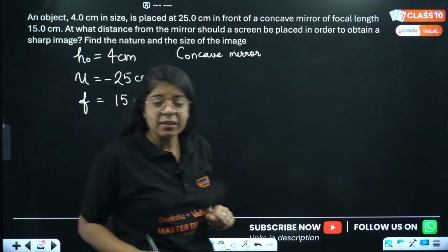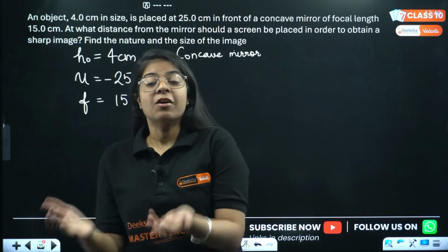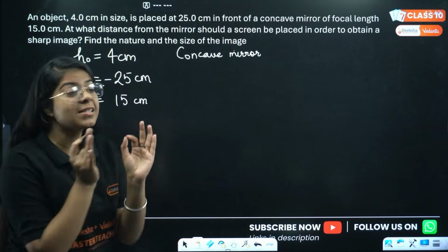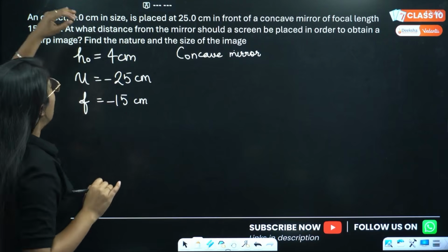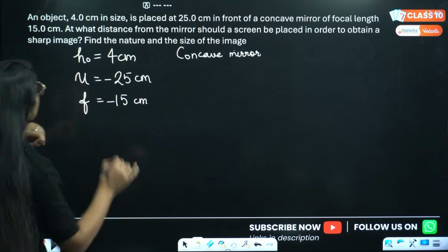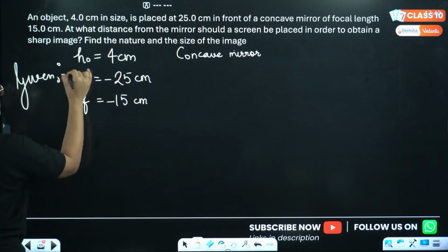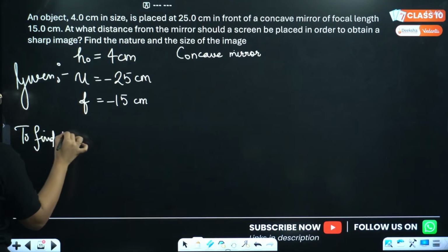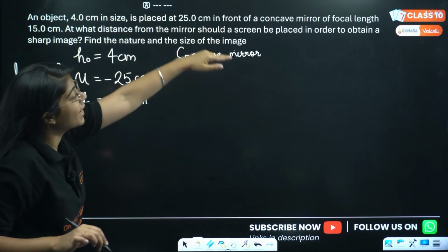As we write focal length, what do we have to decipher? We have to decipher its sign. For concave mirror, focal length is negative. Now this is my given, right? This is all the information that is given to me. We have to find, at what distance from the mirror should a screen be placed?